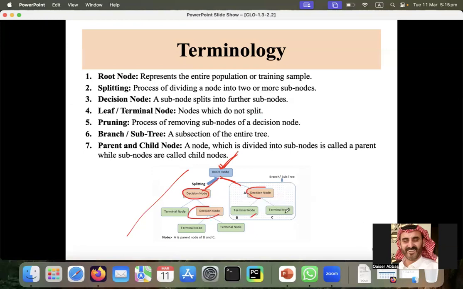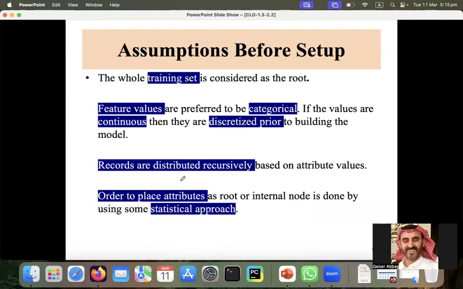And these green ones are called terminal nodes or leaf nodes. You already know that. And this part can be called a subtree. Even this whole can be the left subtree or right subtree. All these terms you already know, so that's why I'm moving fast from this slide.